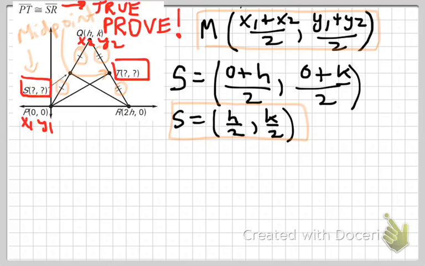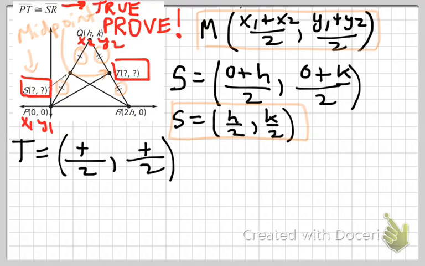The other one that we have to find is T. We're going to use the same process. T is the average of the x's and the average of the y's. And so we get, now again, on this one we've got to be careful because I'm going to call this now x1 and this y1 here.